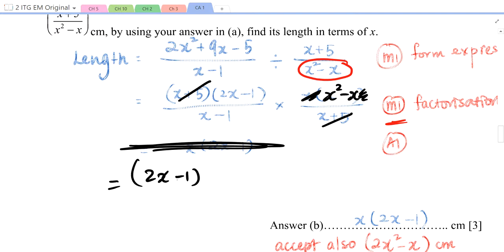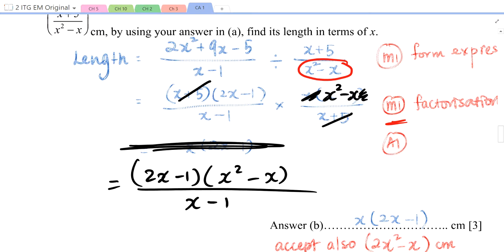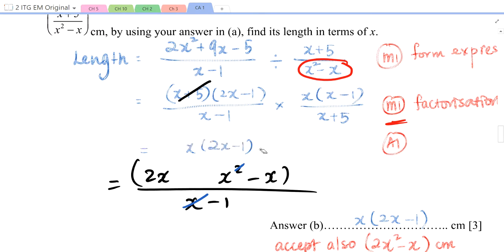You had 2x minus 1, x squared minus x over x minus 1. And then you start to anyhow cancel already. x here cancel with this x. Or you did things like this x cancel with this 2. Cannot be lah. I already taught you how to do it properly.